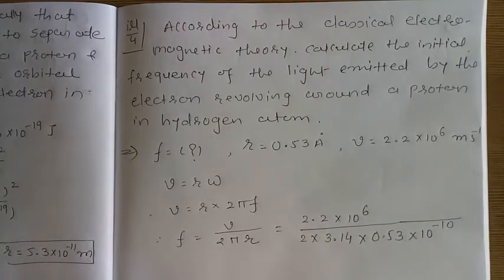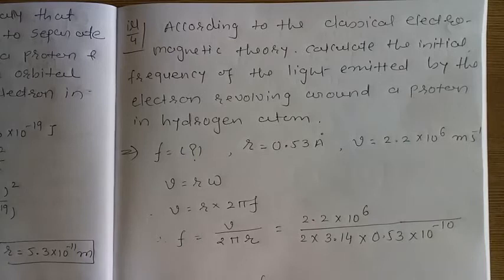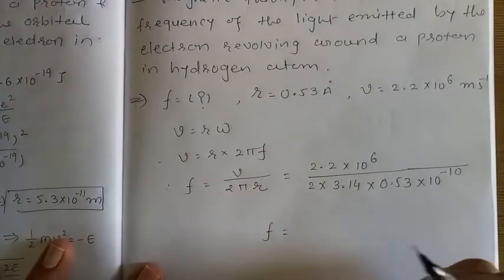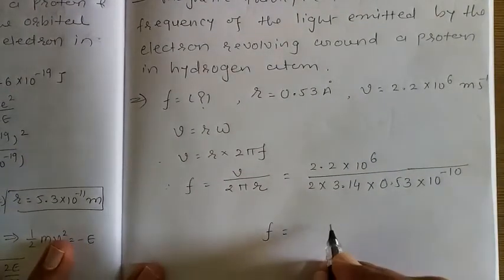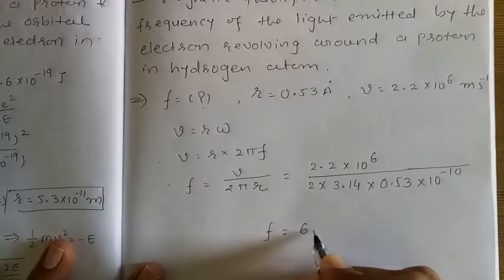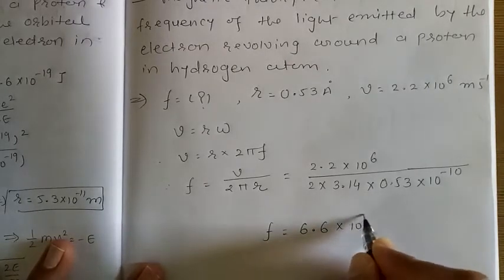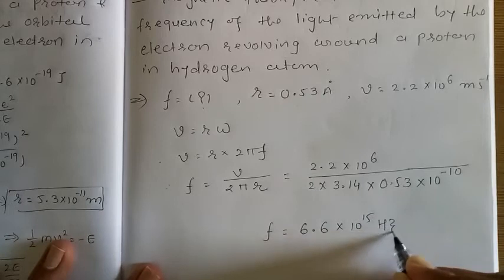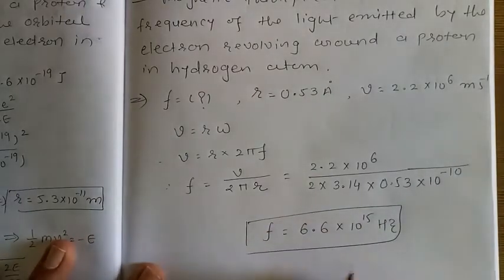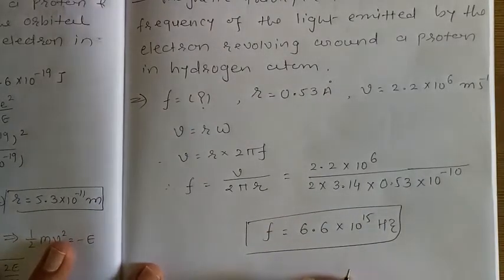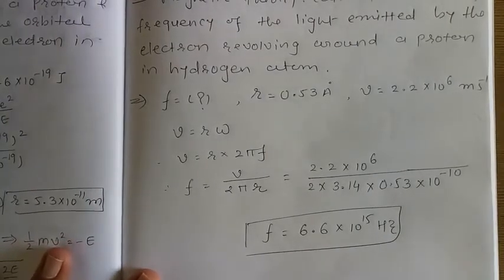We know that 1 angstrom is equal to 10 raised to minus 10 meter. So after calculation we find f is equal to 6.6 into 10 raised to 15 hertz, right? So the value of frequency is 6.6 into 10 raised to 15 hertz.